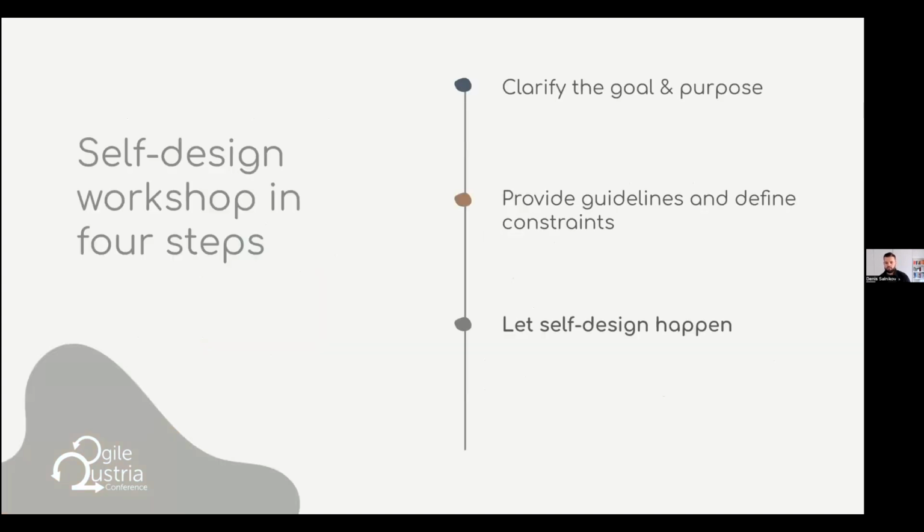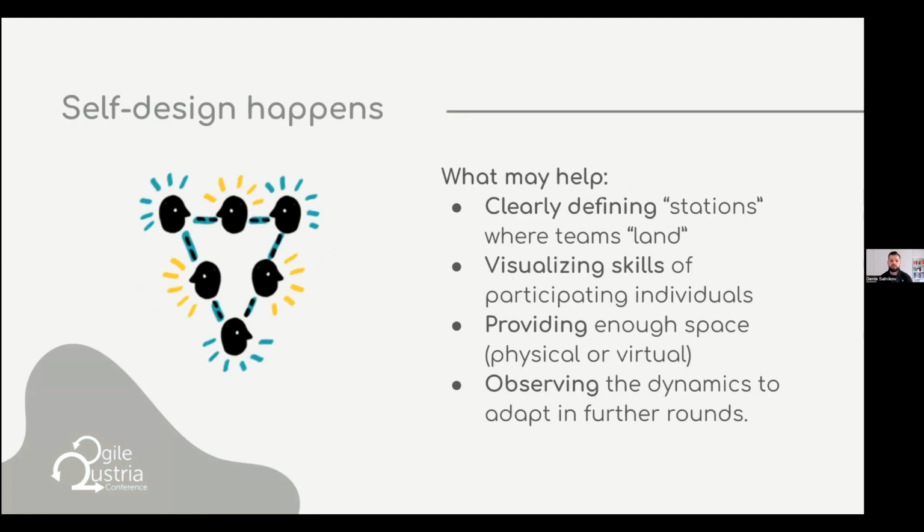So this is the part where the magic happens, and usually this takes quite some time, because we won't come up with the ideal solution in a single round. So when it comes to facilitation, if it's an online facilitation, we would probably like to use some tool for online collaboration, like Mural board we're using for this conference, or Miro board.